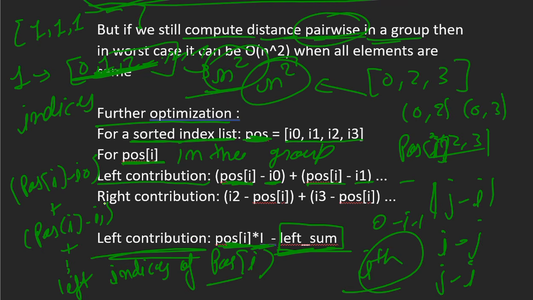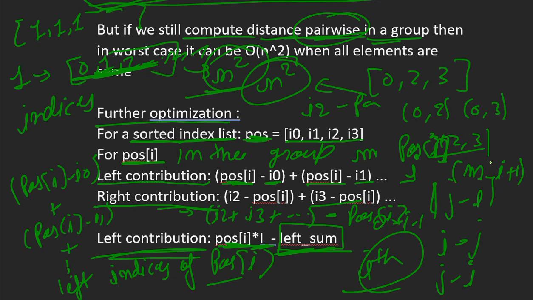Similarly, the right contribution is index i2 minus position of i, plus index i3 minus position of i. If you solve it, it will be i2 plus i3 and so on, minus position of i, repeated some number of times. If the group has m indexes, it will be repeating m minus i minus 1 times.